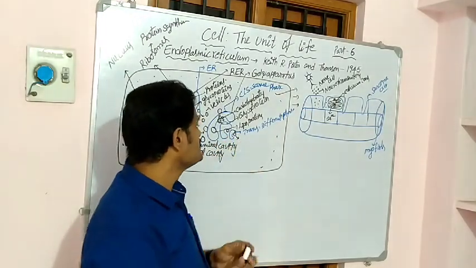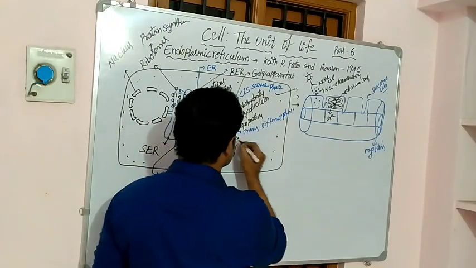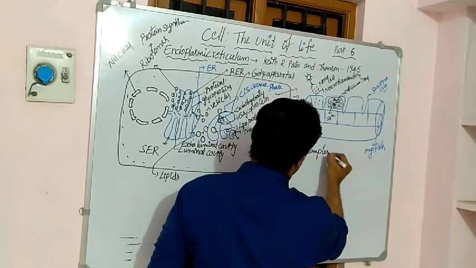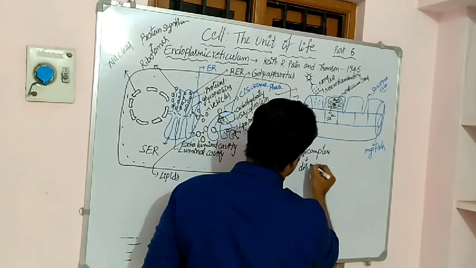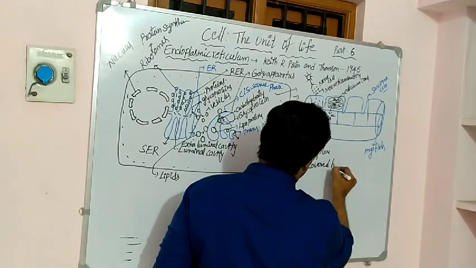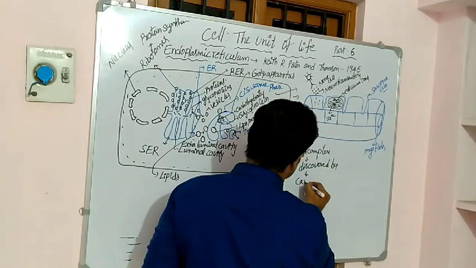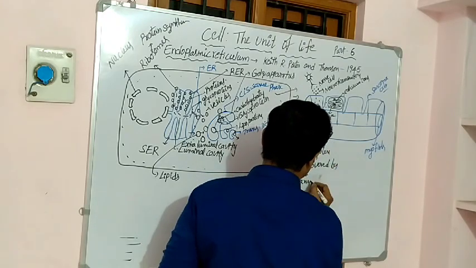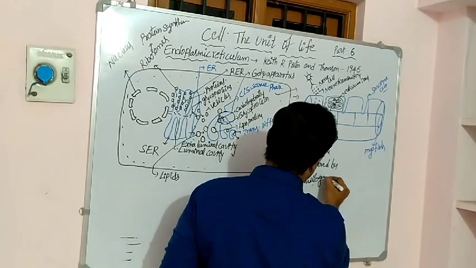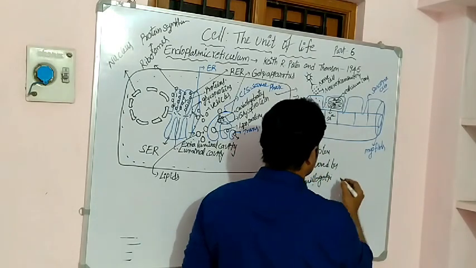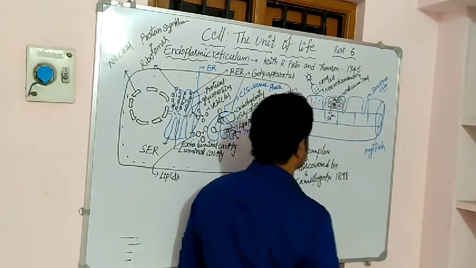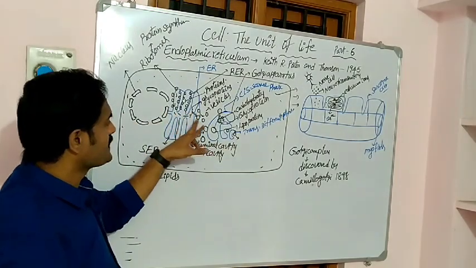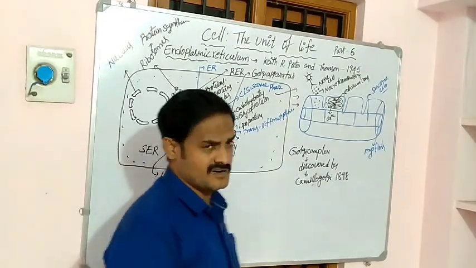See here, the Golgi complex is discovered by Golgi, scientist name Golgi, in the year 1898. Remember that. So this is the information about the endoplasmic reticulum and Golgi complex.